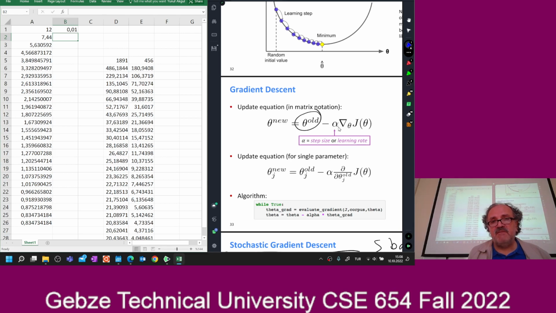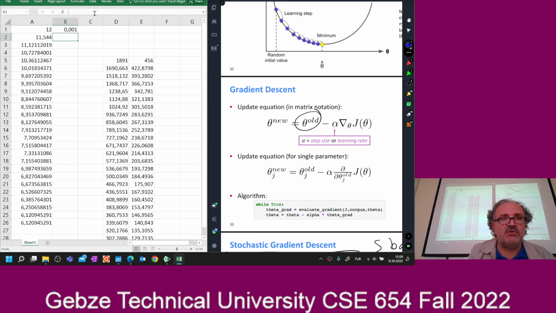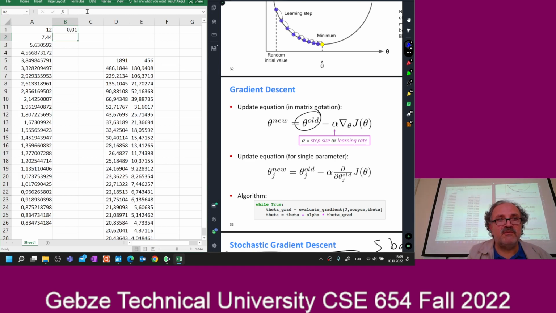Because with the large step, I went way away from my solution, and I don't know how this function behaves in those areas. That's why it has to be small. Let's make it even smaller. But if I make it smaller, it's going to converge very, very slowly. But it is converging. 0.1.